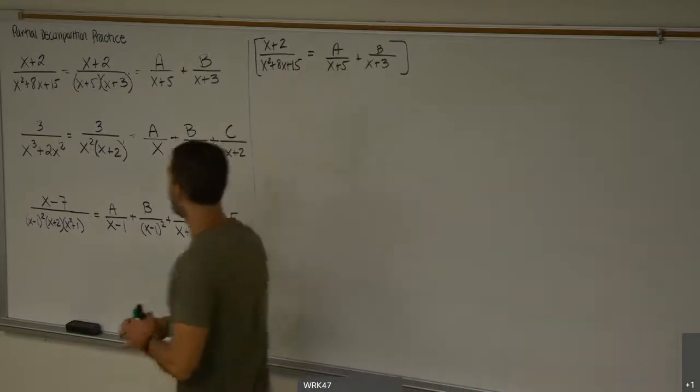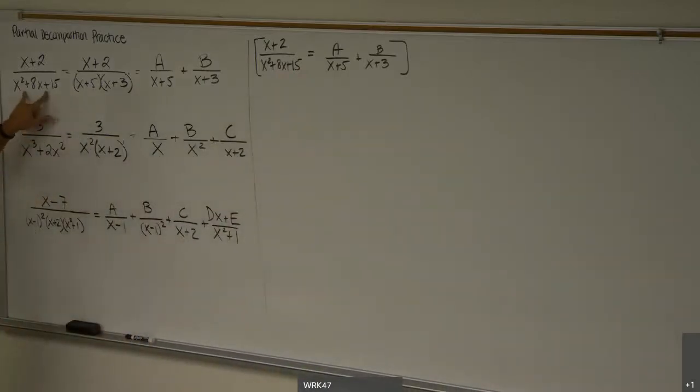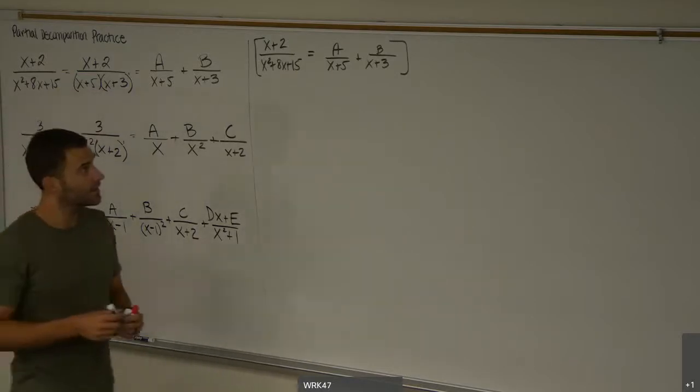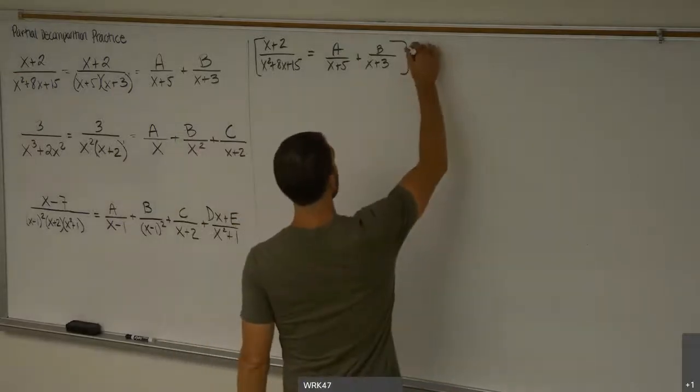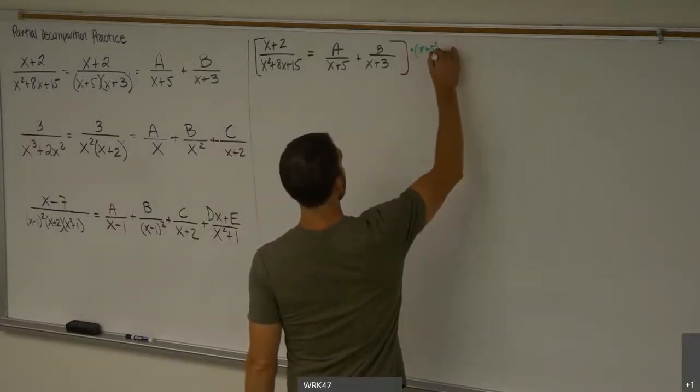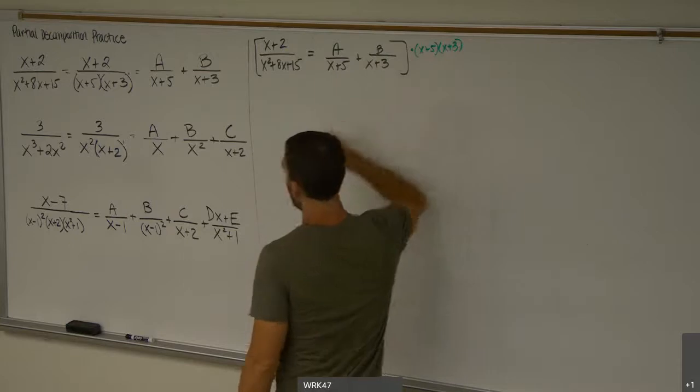Why? Because if I multiply through by the denominator, on one side it's gone, and on the other side we have a factor that would cancel in each case, leaving me with no denominators left. So I'm going to multiply this whole expression by x plus 5 times x plus 3, the factored form of my denominator, this guy.